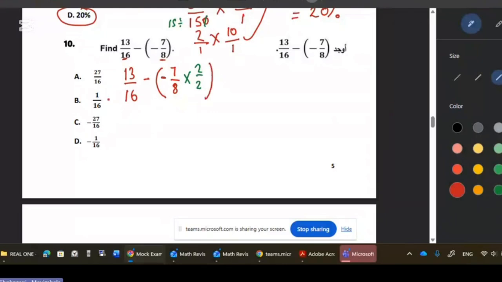Right. So now once we have this, our life becomes much easier. So now I'm having 13 over 16 minus, now I'm going to multiply those by 2. What is 7 times 2? It's 14. And 8 times 2, it's 16. Voila. Now I'm having same denominators.